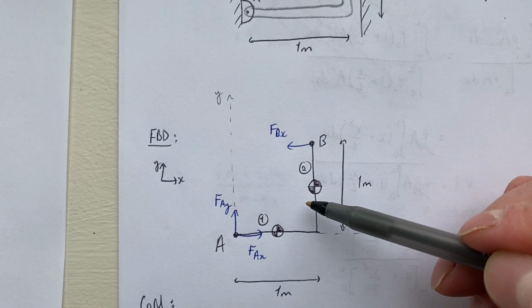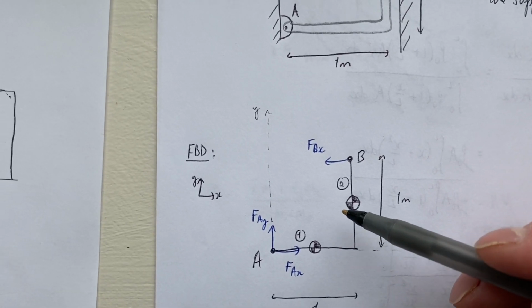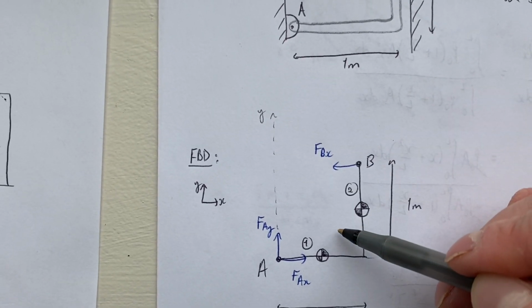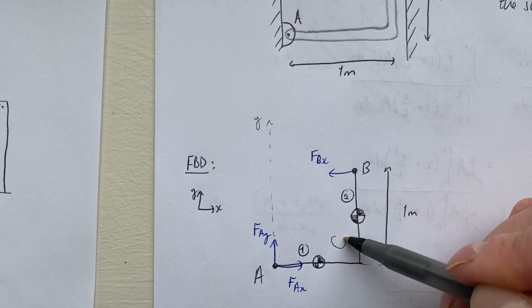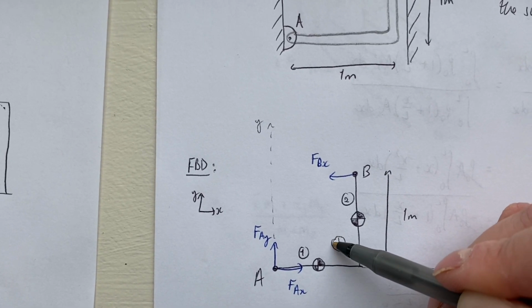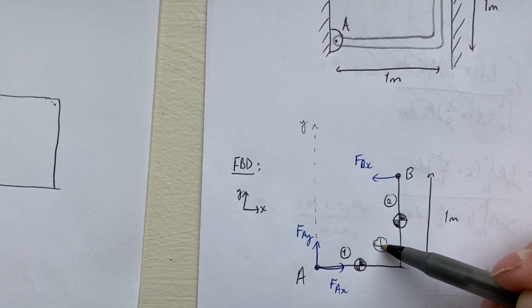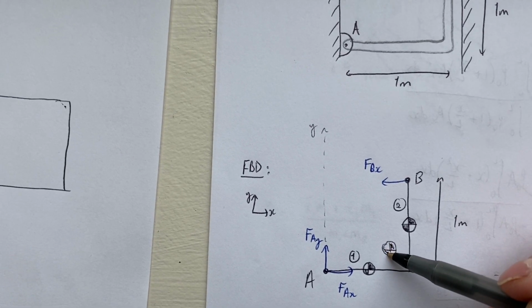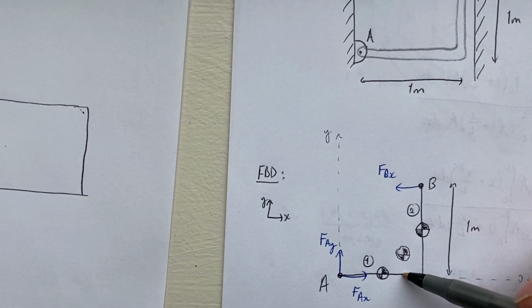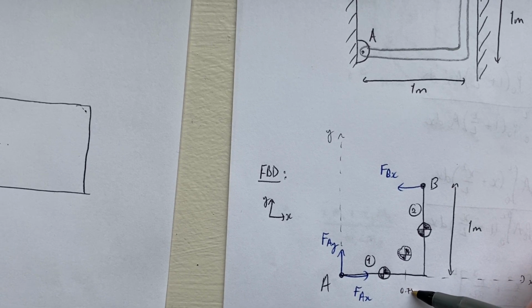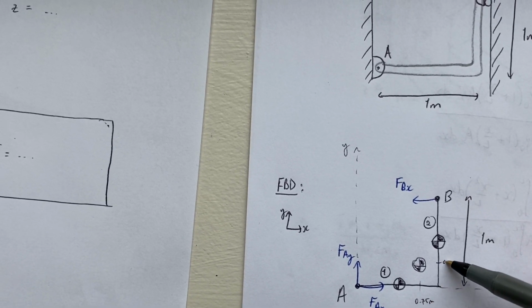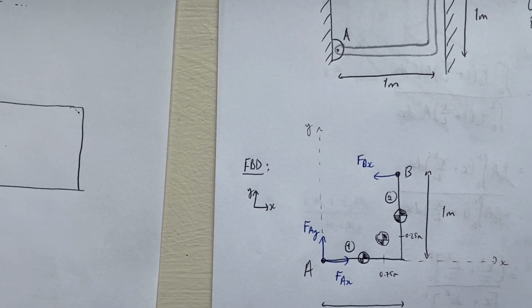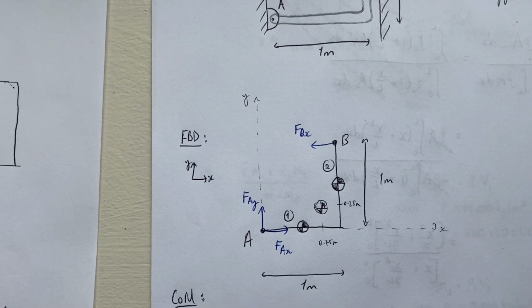So as we discussed when we were looking at this intuitively, the center of mass of the total object is going to be somewhere around here, right? Where this is 0.75 meters and this is 0.25 meters in the y direction. Okay?